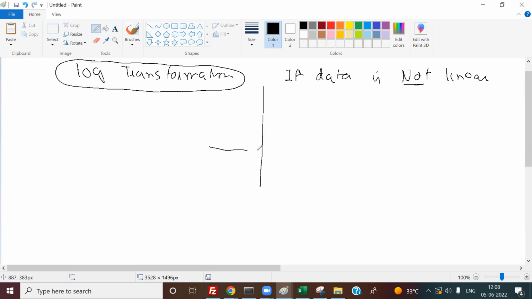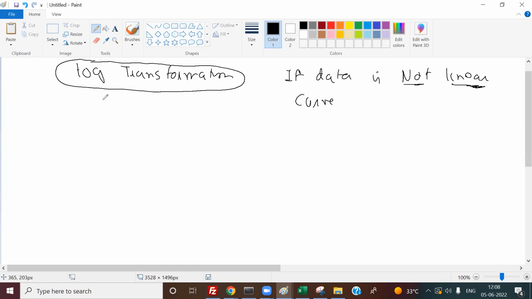Am I right? That curve can be anything. It can be, let's say, curve like this, or like this, or like this. Kuch bhi curve ho sakta hai, but it would be a curve if it is not a straight line. Okay, na? So if data is not linear, then it would be having some curve. Curve may be sharp, may not be sharp, whatever.